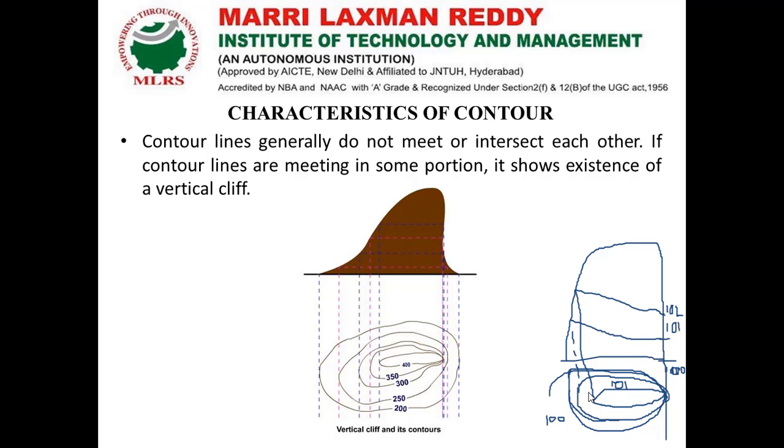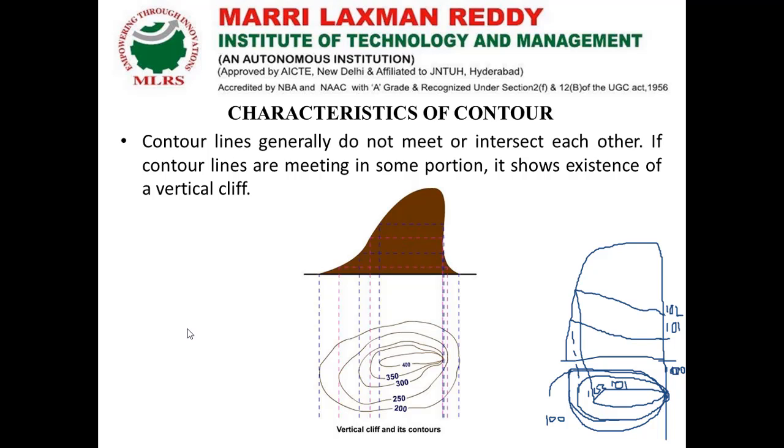So this is 102 meters. So likewise here the points of each and every height are at the same position. So this denotes the contour or the profile of a hill having a vertical cliff.